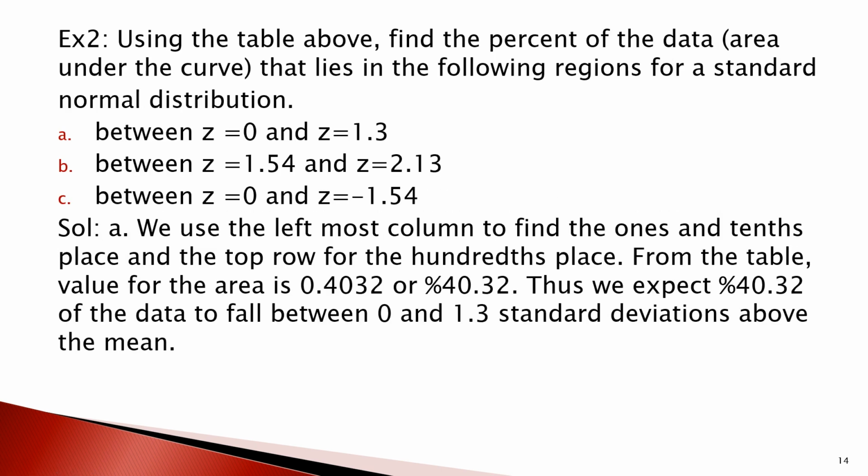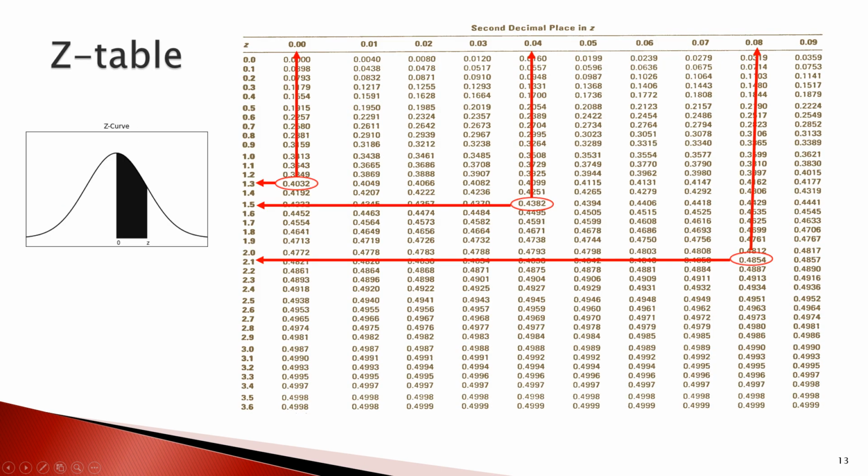What was the last one? Okay, this is interesting. Between 0 and minus 1.54. Now guys, 0 and minus 1.54. How do we find it? We will use the symmetry of the curve.